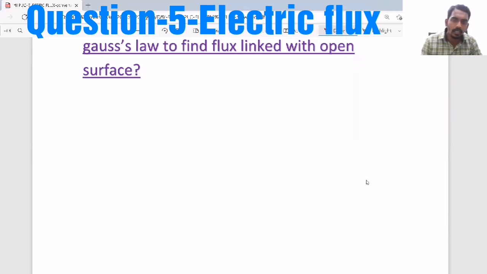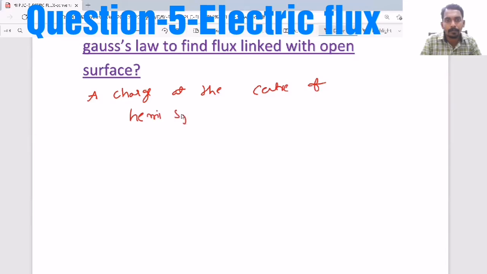Just like, consider a charge at the center of a hemisphere. Now this is one hemisphere and one charge is there. It is not closed, it is open.